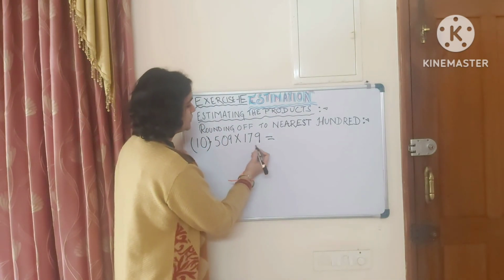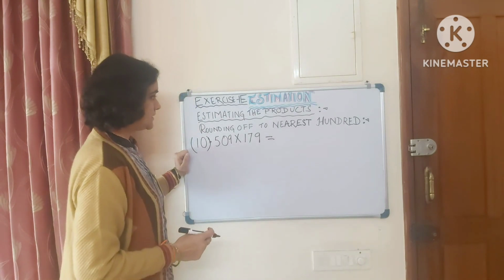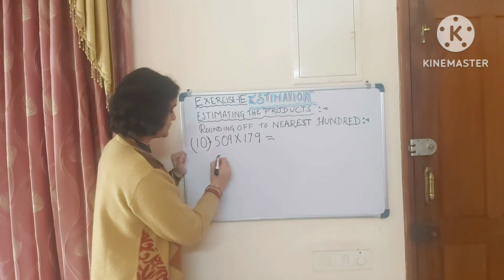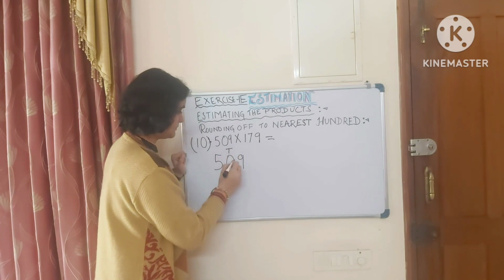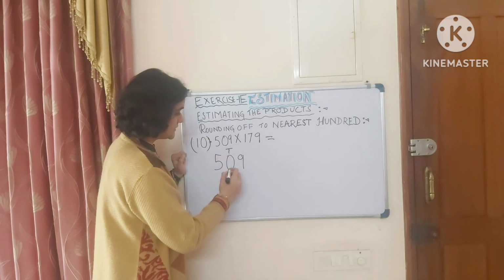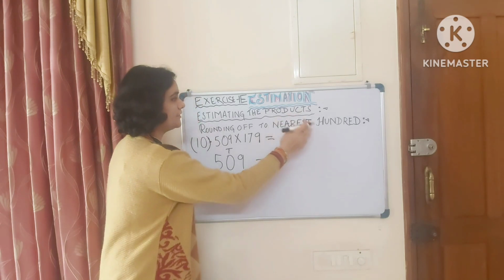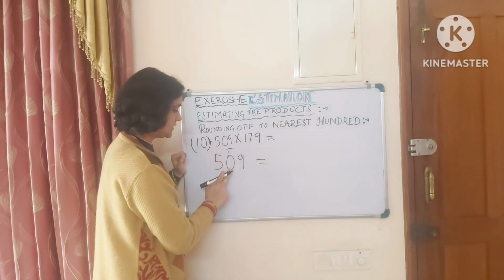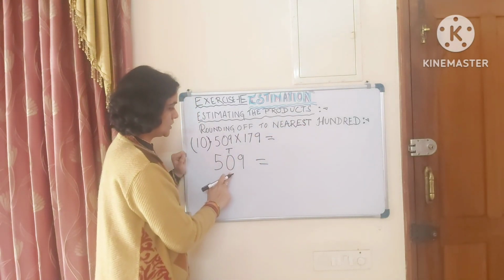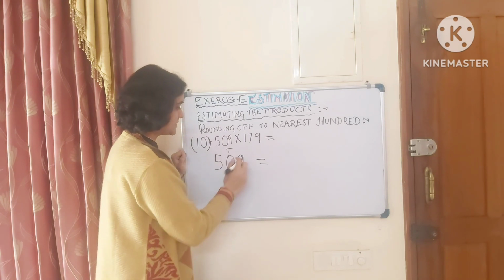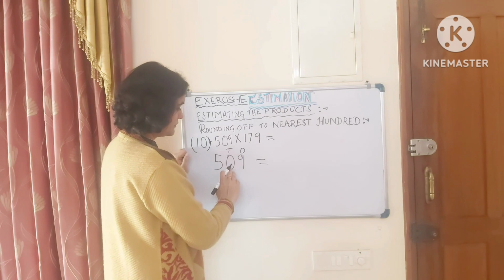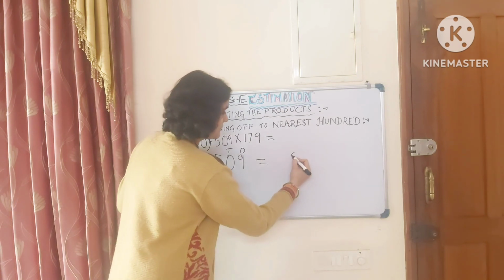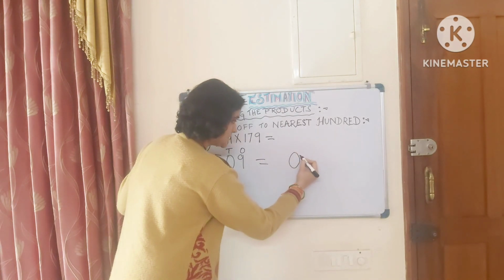So 509 into 179. So here हमें nearest 100 करना है. So 509 के केस में here I will look at the tens place. What is the number here in the tens place? 0. क्योंकि मुझे 100 को करना है, so I'll focus on the tens place digit 0. If it is 0 means मुझे क्या करना पड़ेगा? It's less than 5, so I will in my round off I'll write in tens place 0.